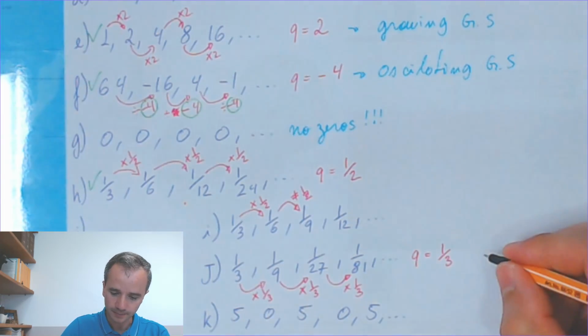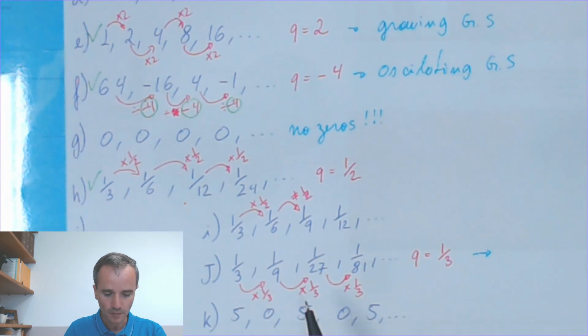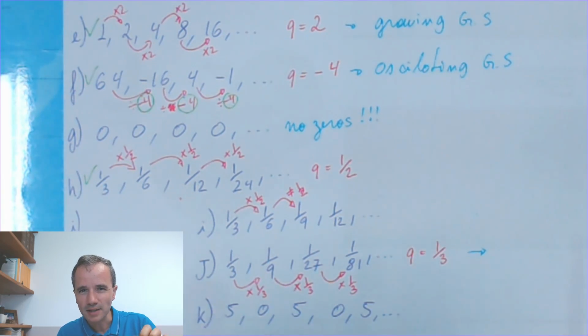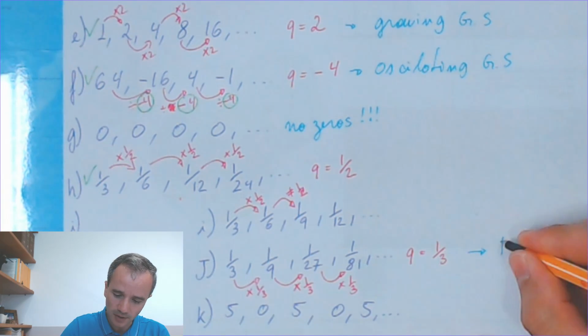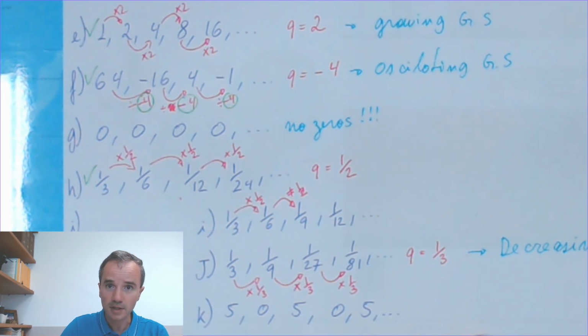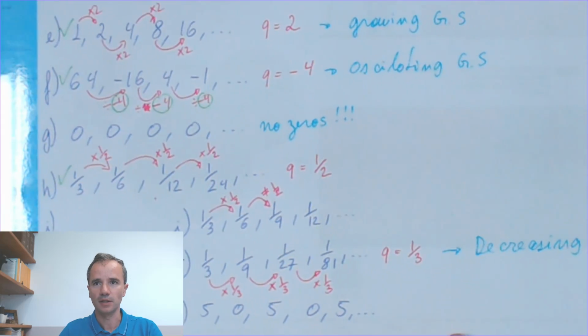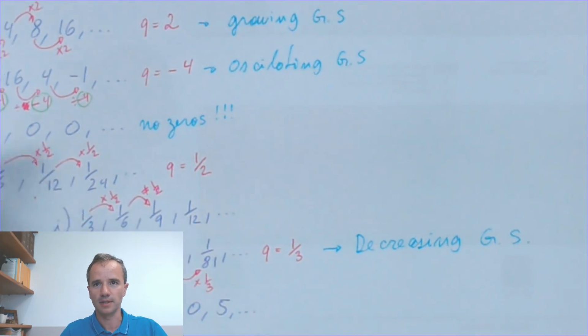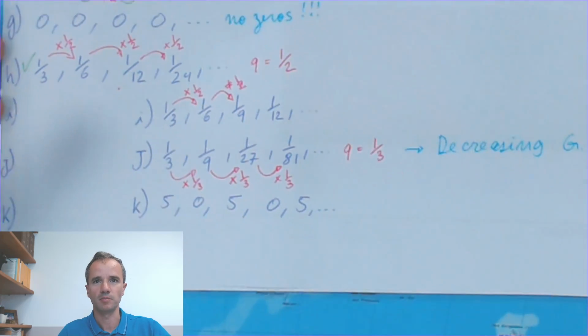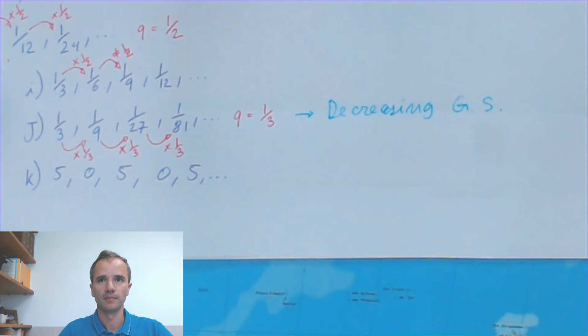And in here, the terms are going each time smaller, tinier and tinier. So this is going to be a decreasing geometric sequence. Let me put it like this.